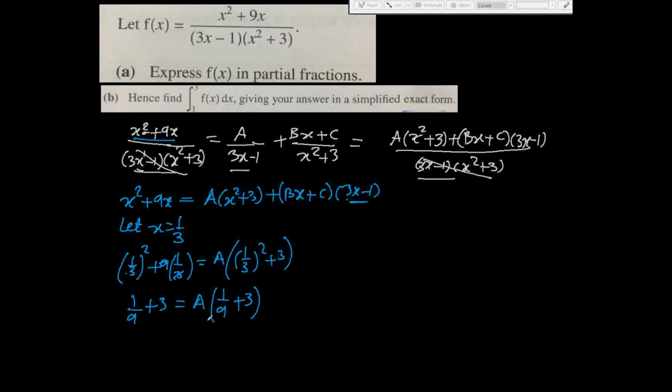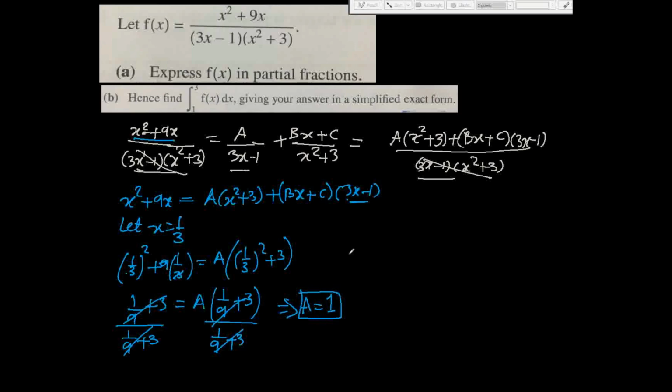So can we divide by 1 over 9 plus 3 so that both of them get cancelled out? This cancels, this cancels. That leaves A equal to 1, not 0, 1. When something is cancelled by dividing or multiplying, we write 1.